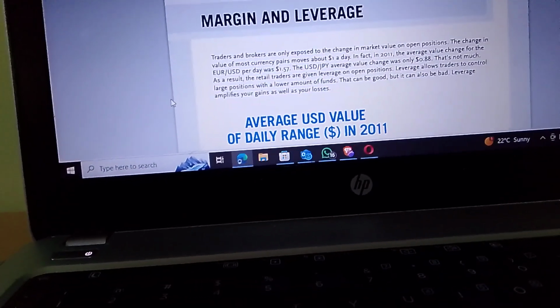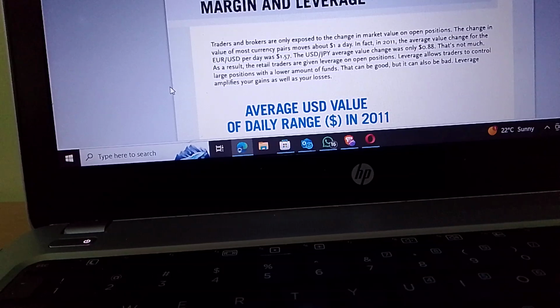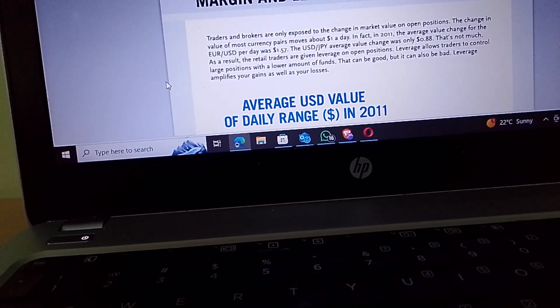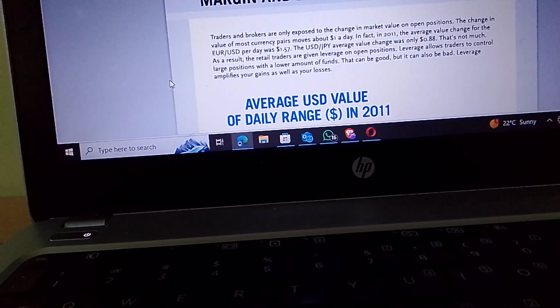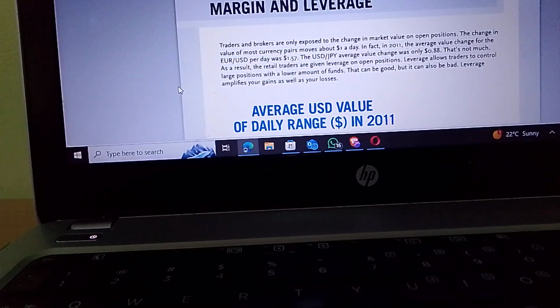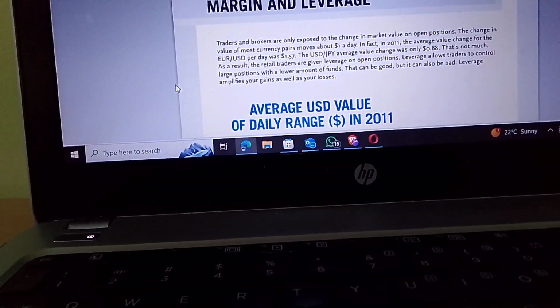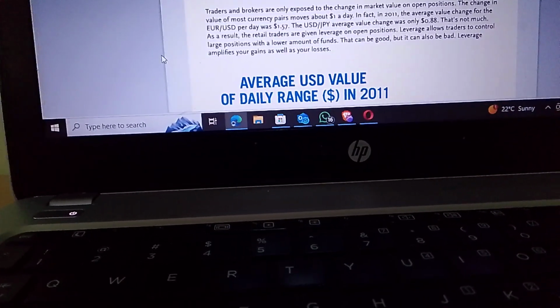In fact, in 2011, the average value change for the Euro USD per day was $1.57. The USD Japanese yen pair average value change was only $0.88. That's not much. As a result, the retail traders are given leverage on open positions.